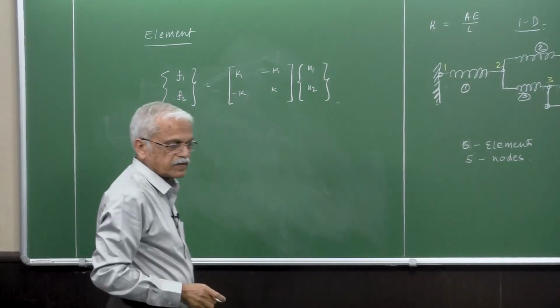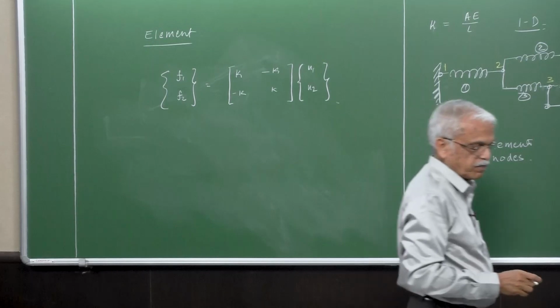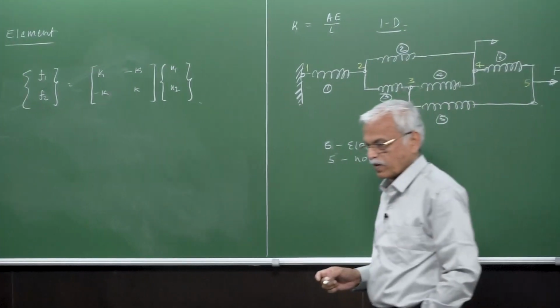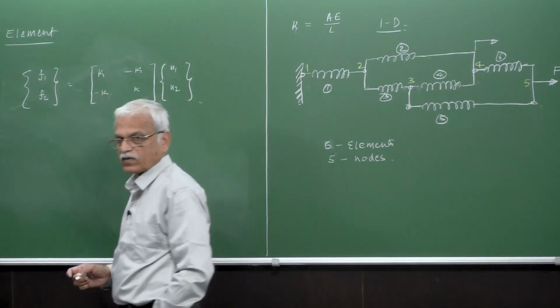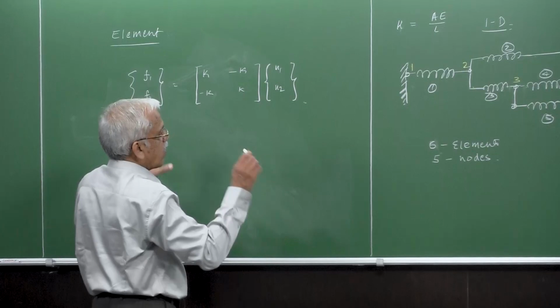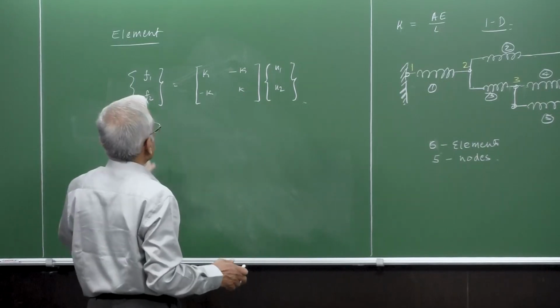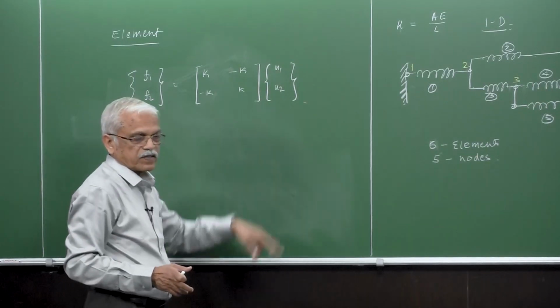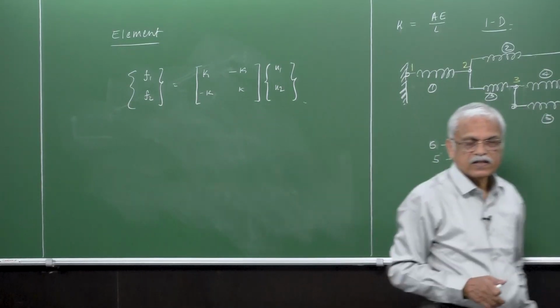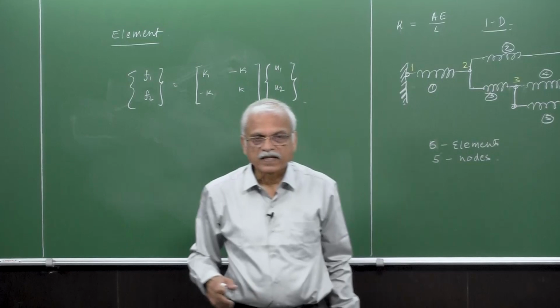This is the basic relationship between the forces and the nodal displacements. Everything is in the positive direction: F1 and F2 acting on the element in the positive direction, and U1 and U2 are the nodal displacements in the positive direction. Okay, so this is the element equation.